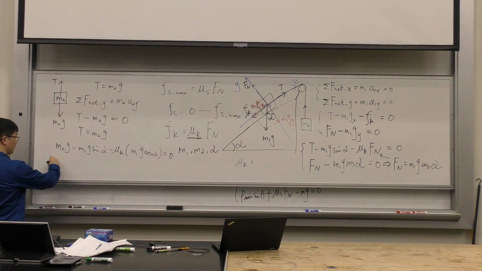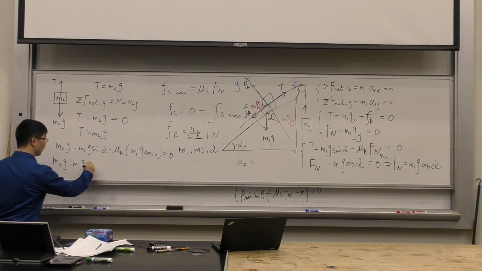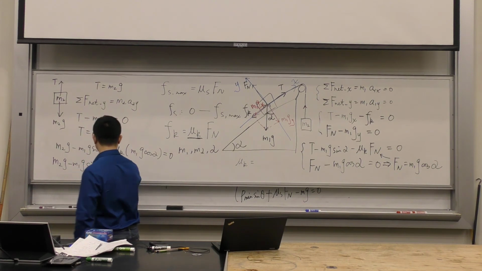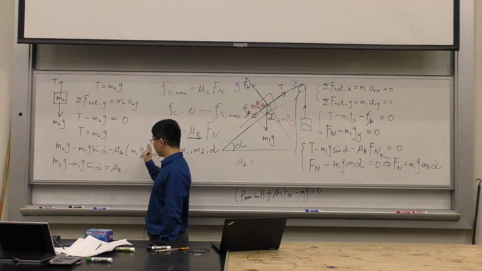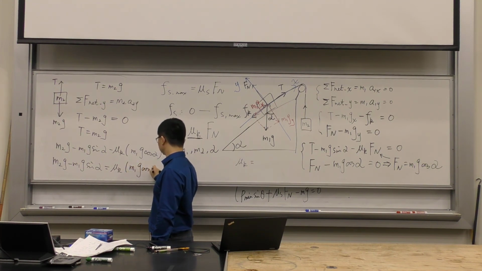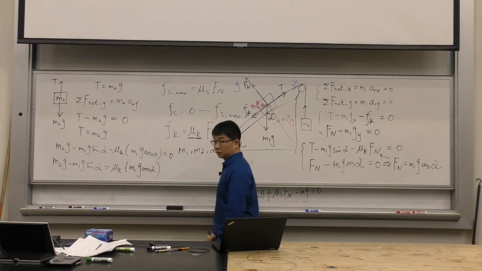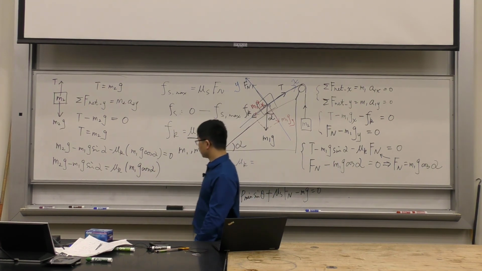The easiest way is to move this mu k times this whole thing to the right. Remember, only mu k is the unknown. You will measure everything else. Then you just divide both sides by this coefficient of mu k. What do you get?